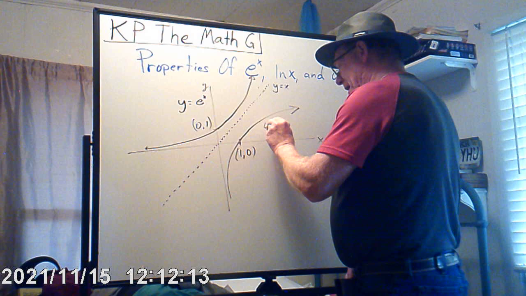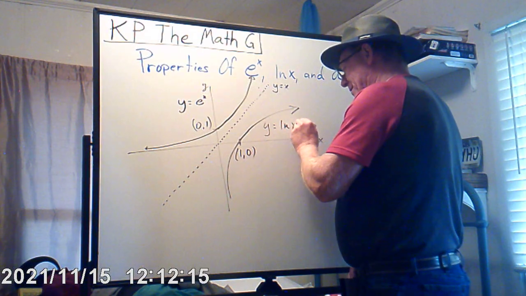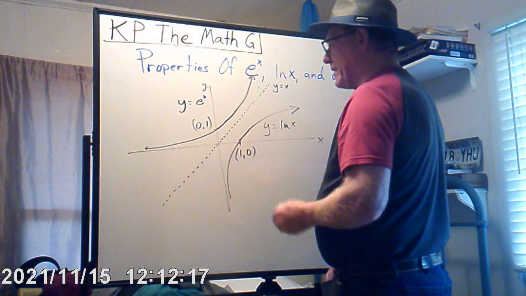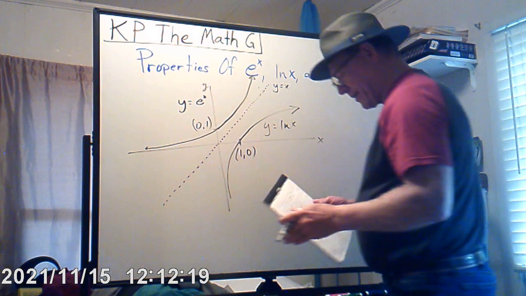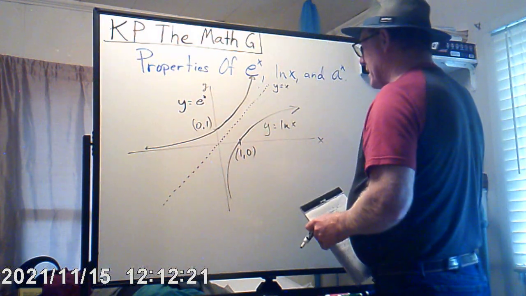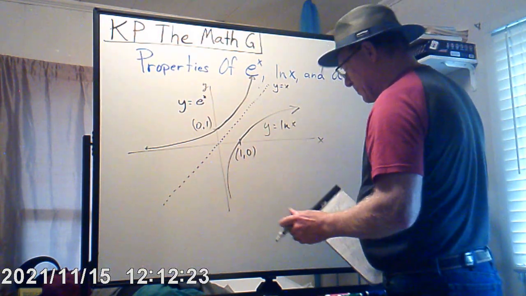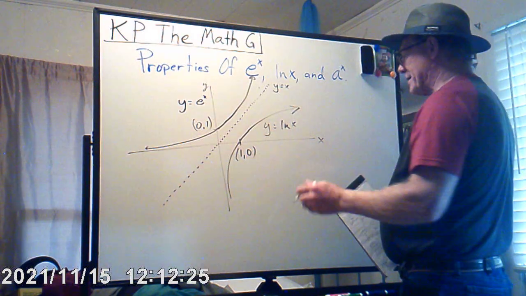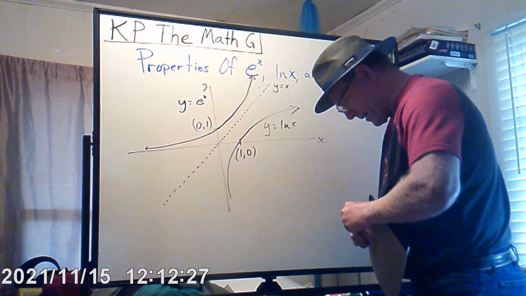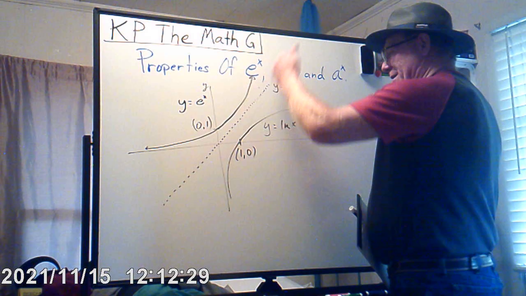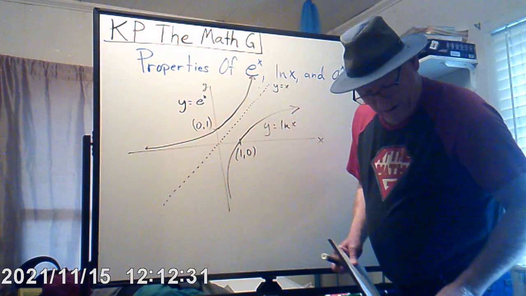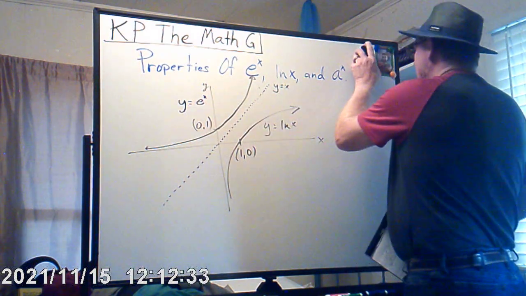See, this is y equals ln of x. They're inverses of each other, which tells us one thing: there is a rule. I'll just put it down. Oh, I guess we can erase this. But that's how you do inverse. Alright, so that's the idea behind it.